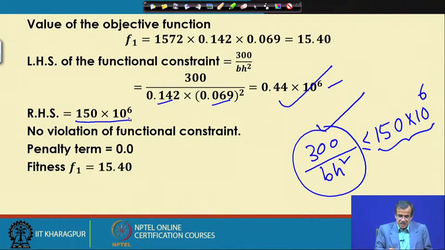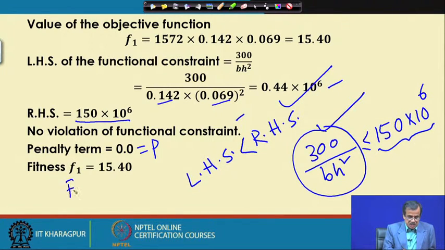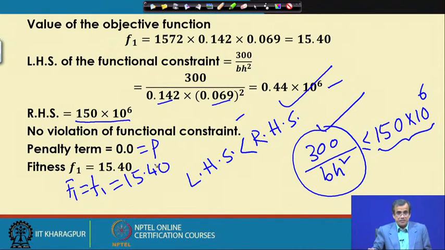The left hand side is less than the right hand side, that means the design is safe. So, there is no violation of the functional constraint, and the penalty term P will be equal to 0.0, and the modified fitness, that is capital F 1, will remain the same as small f 1, that is 15.40.